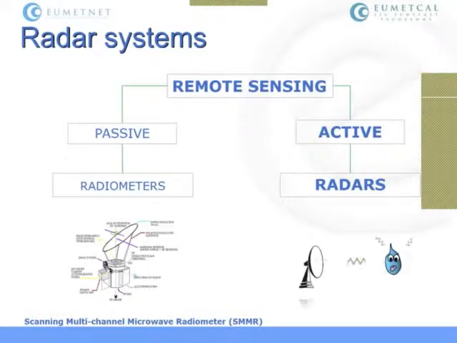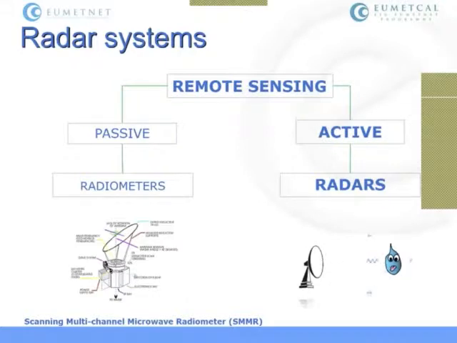From the point of view of remote sensing, weather radars are cataloged as active remote sensing systems because, compared with the passive ones like radiometers or weather satellites, weather radars can generate electromagnetic energy, transmit it into the atmosphere and receive it back.